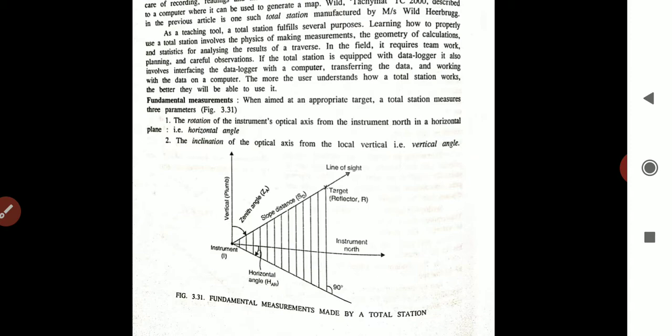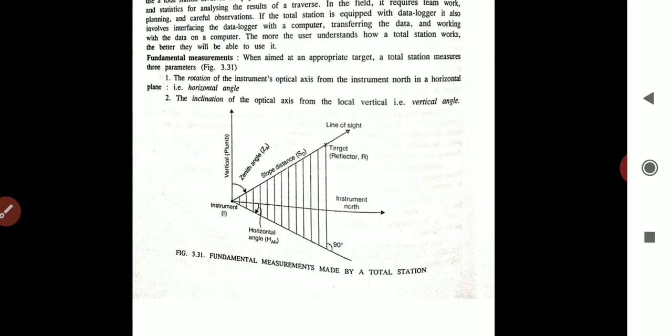See here, the fundamental measurements are, first, the rotation of the instrument optical axis from the instrument north in a horizontal plane, which gives the horizontal angle. Second, the inclination of the optical axis from the vertical, that is the vertical angle.